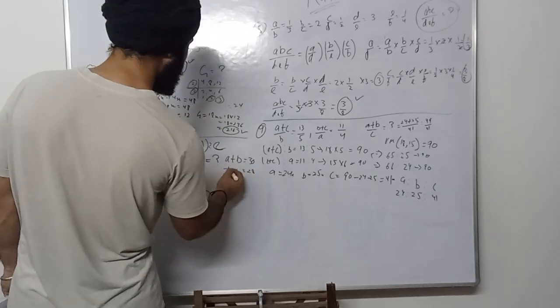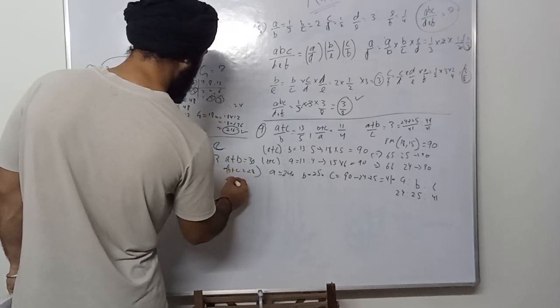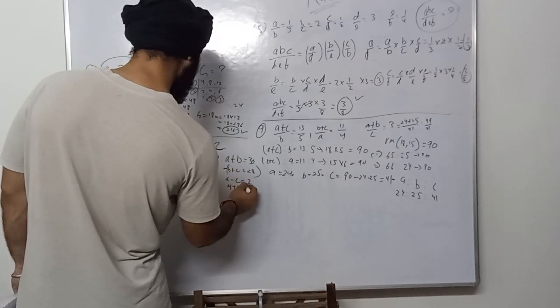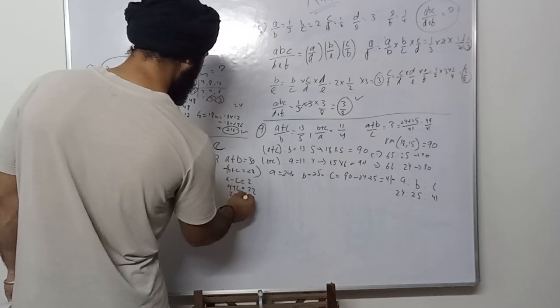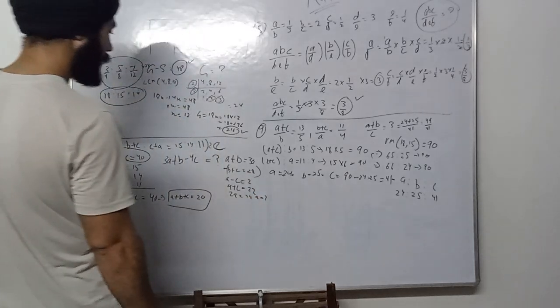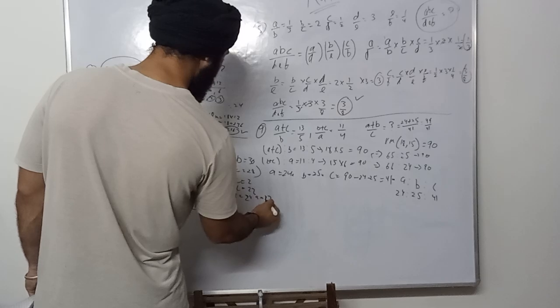When we subtract the whole equation, we will get A minus C is equal to 2, and A plus C is equal to 22. When we add it, 2A is equal to 44, A is equal to 22, no, 24, sorry. A is equal to 12.